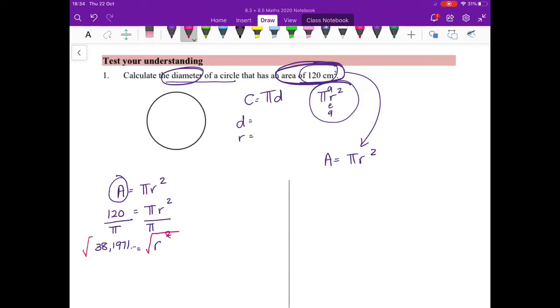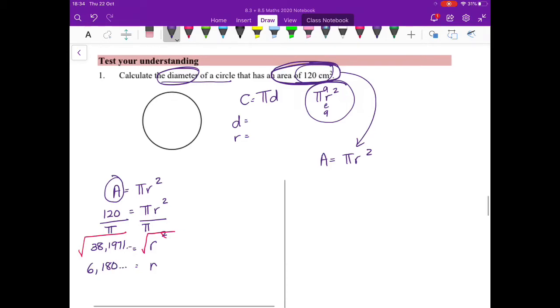To get r on its own, I square root both sides, and r will equal 6.180 and so on. Round to 2 decimal places. I look at the neighbor, 4 or less, let it rest. So the radius is 6.18 centimeters.